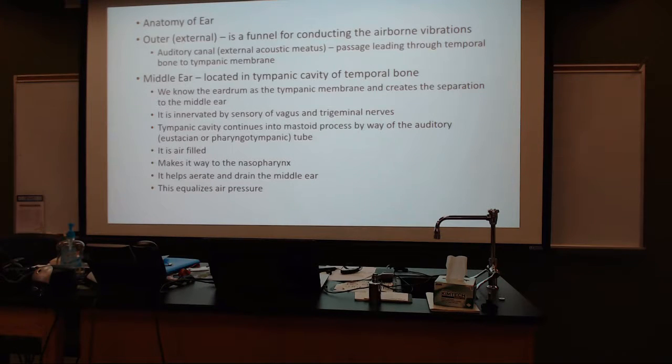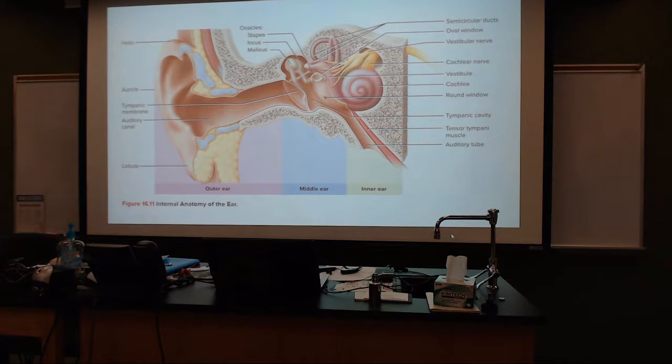As adults, the tubes of this middle ear are a way to help us drain as well as aerate, meaning the air pressure that's in there in the middle ear. And by equalizing the air pressure in the ear, first of all, it helps with hearing, and it's going to help with balance.